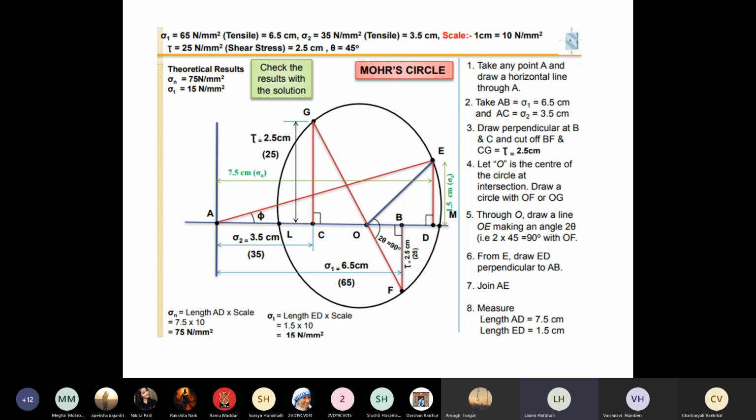Of course, in this particular problem, they have asked only normal stress and tangential stress. If they had asked about major principal stress and minor principal stress, even that you can measure. So can you tell me, for major principal stress sigma 1, from where to where I should measure in this graph?